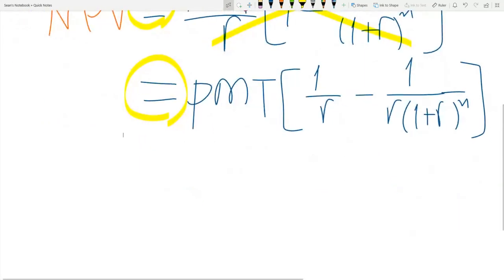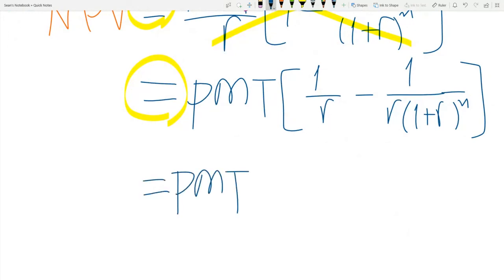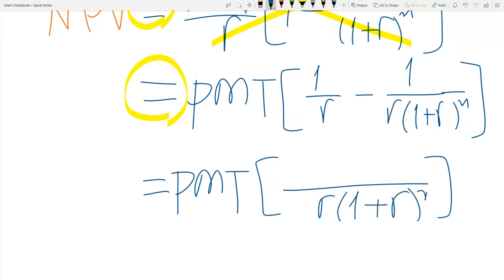And then inside the bracket, we can simplify what's inside the bracket using the common multiplier, and the common multiplier between the two is R times (1 plus R) to the n.